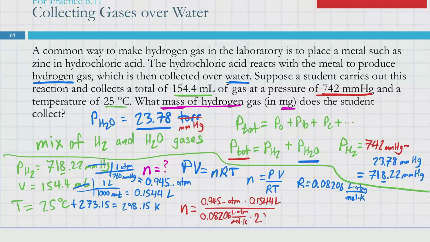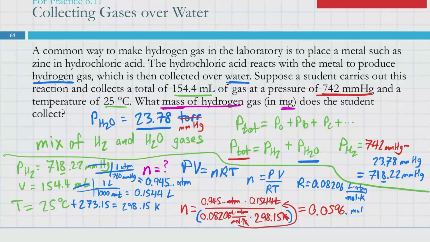And we've got also down there 298.15 Kelvin. Everything except for the moles cancels, and the moles gets flipped up to the top because it's on the bottom. So we multiply everything on the top, divide by everything on the bottom, and get 0.0596 and some change moles.